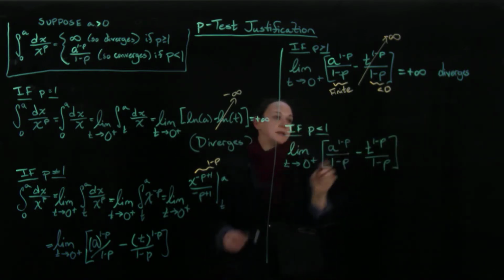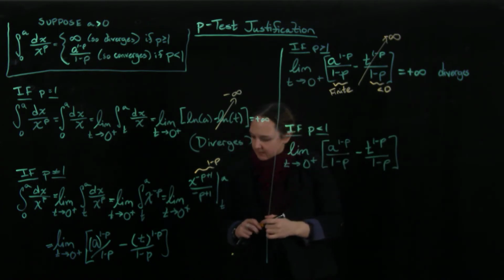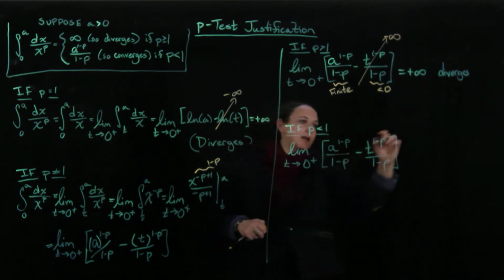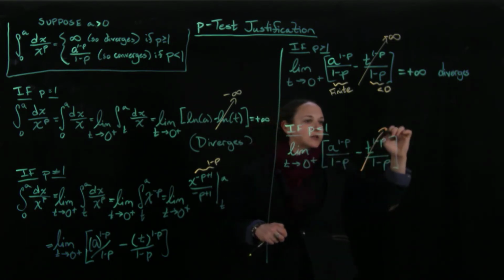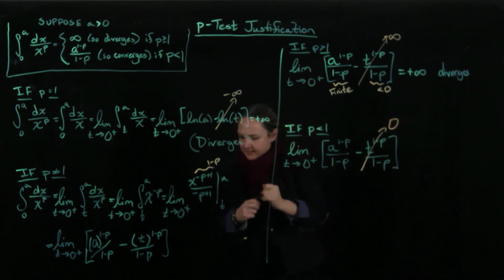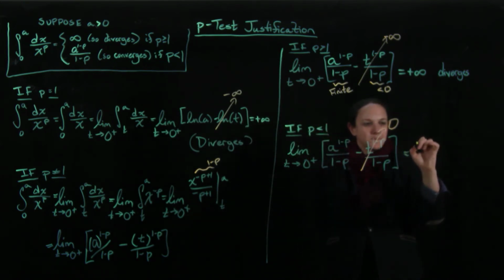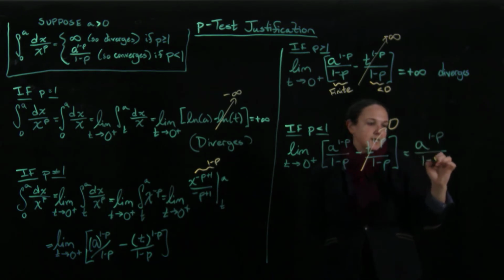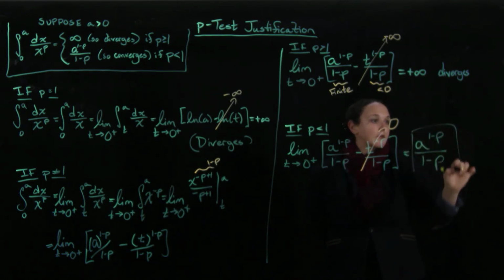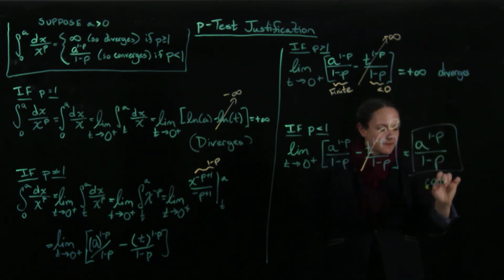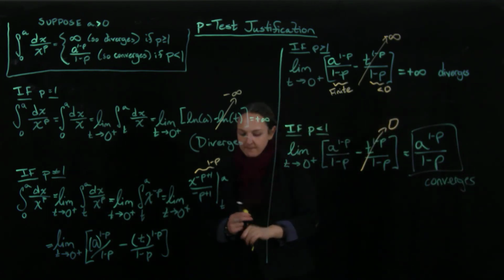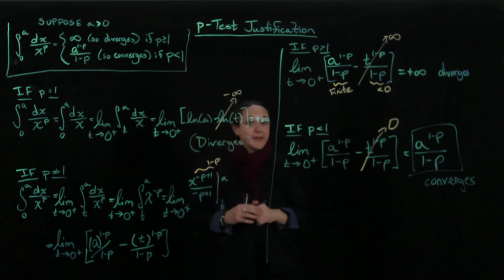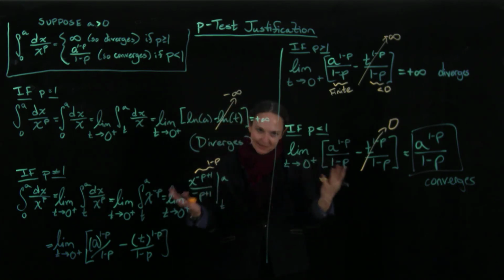Now p is less than 1, which means this stays positive, but we're approaching 0, so this whole thing goes to 0. That gives us that this equals a to the 1 minus p divided by 1 minus p. And this converges, which is exactly what we knew was going to be true. I hope that makes some sense, and I will see you in the next lecture.